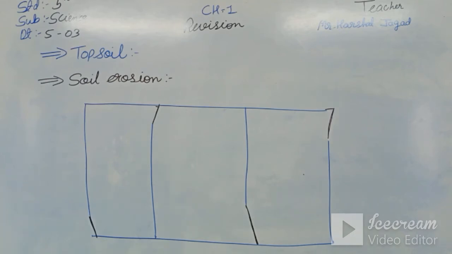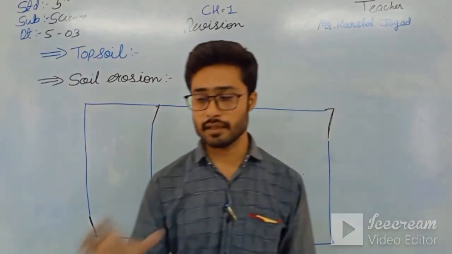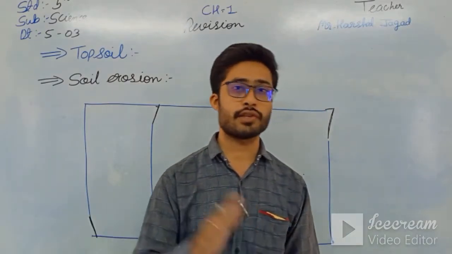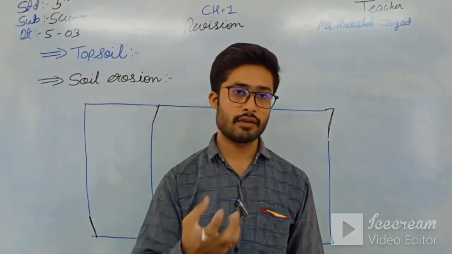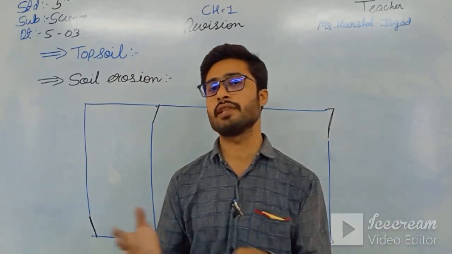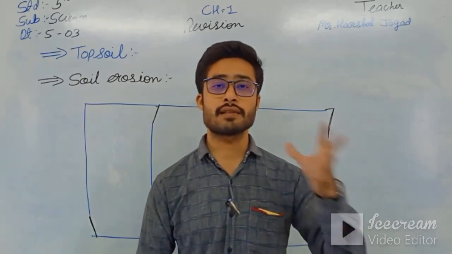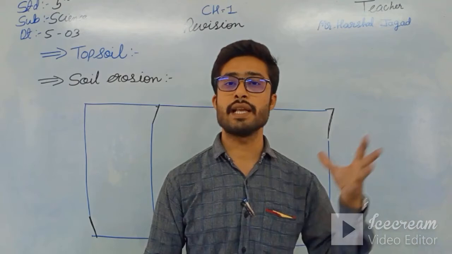The third one is soil conservation. Due to some of these causes, we have seen deforestation and overgrazing by animals. Now, this was soil erosion. Now we will see soil conservation: how the soil is conserved from erosion and degradation.